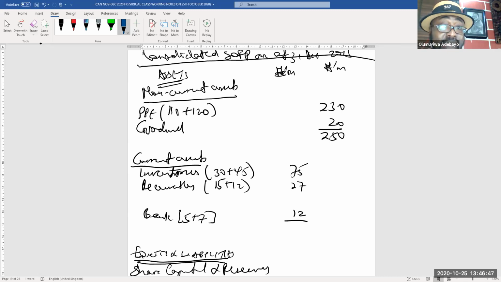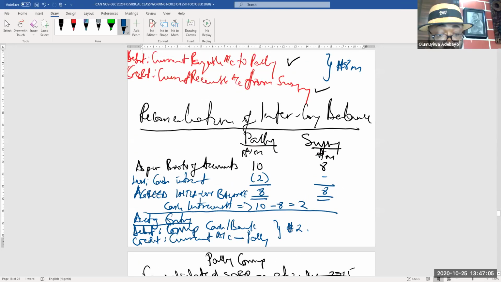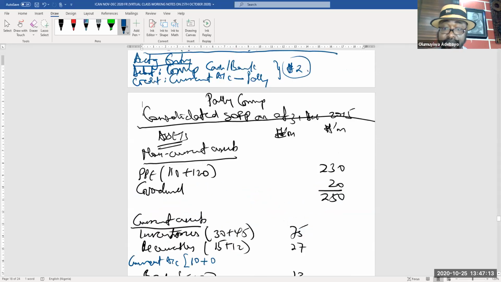Now we have current account balance, which is 10 plus 0, right? But there's a first adjustment that says we should reduce this 10 by 2, which is the reason why we have 10 minus 2, which means credit that account.